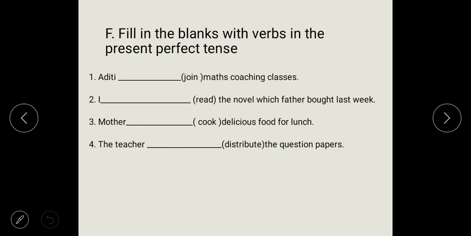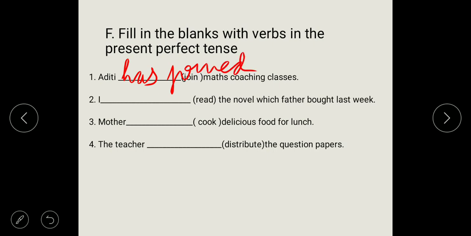Understand? Now fill in the blanks with verbs in the present perfect tense. With Aditi we use has, and join's third form is joined.